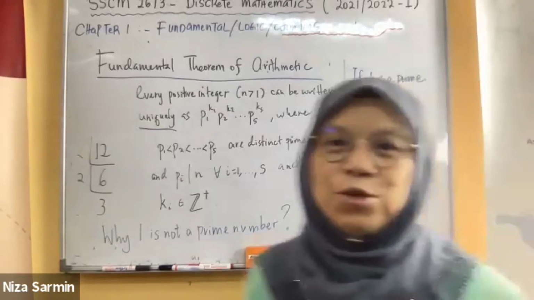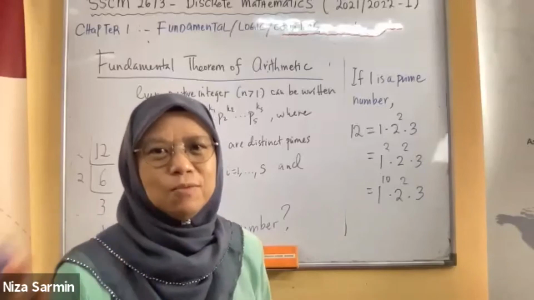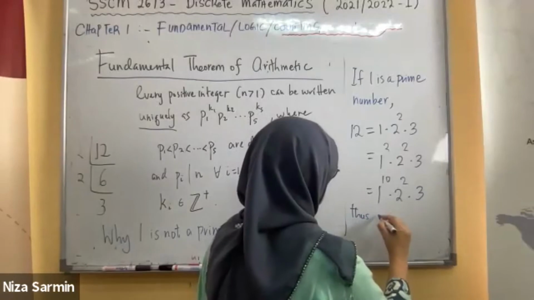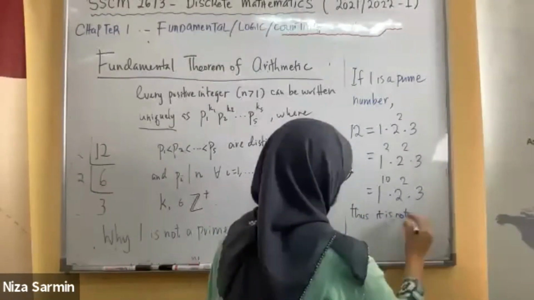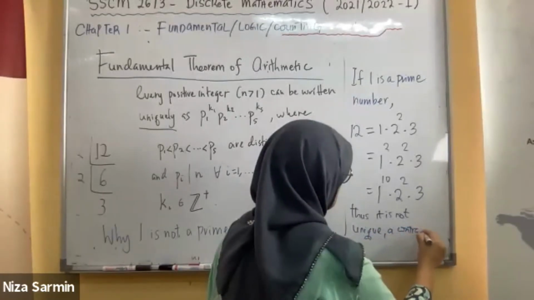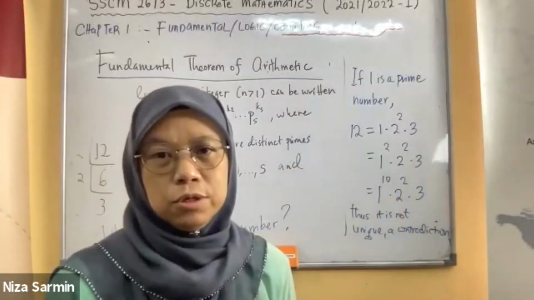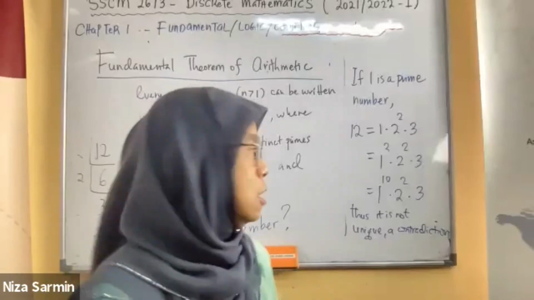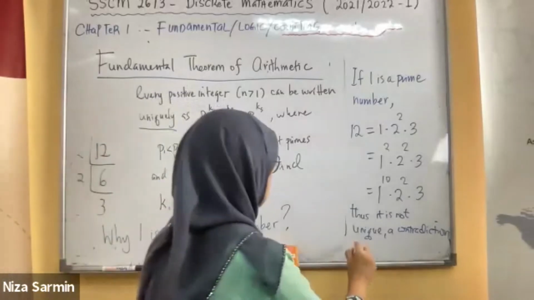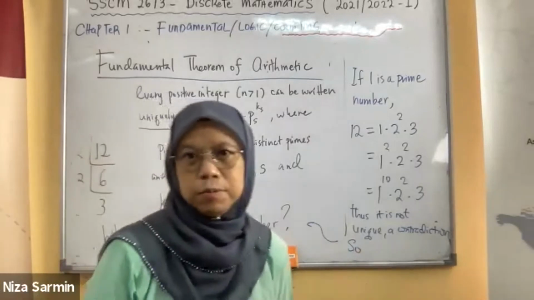And this is no longer unique, because 1 can be 1 times 1. Thus it is not unique. Contradiction. So this is proved by contradiction. That is why 1 is not a prime number. So you go back to the question, 1 is not a prime number.